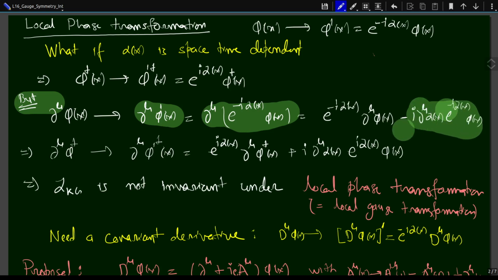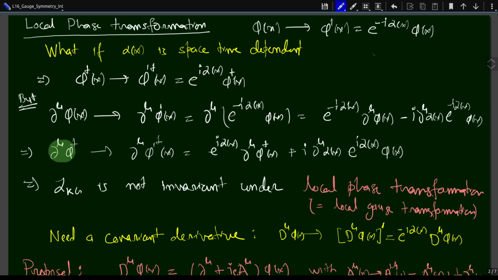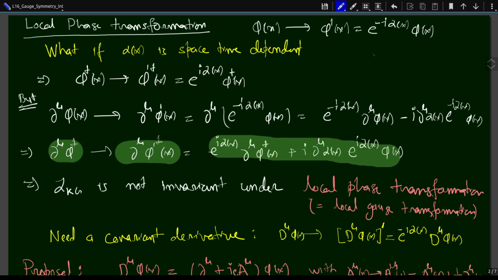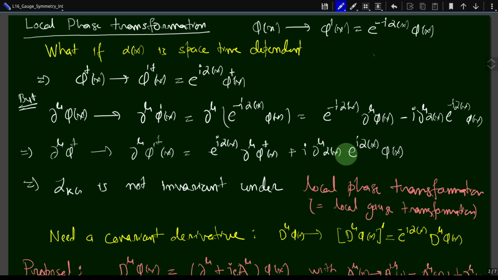Likewise I have del mu phi dagger, which goes to del mu phi prime dagger of x, and by putting this in it gives me two terms. The second piece is the extra piece, because del mu of alpha of x is non-zero. So I get two extra pieces.